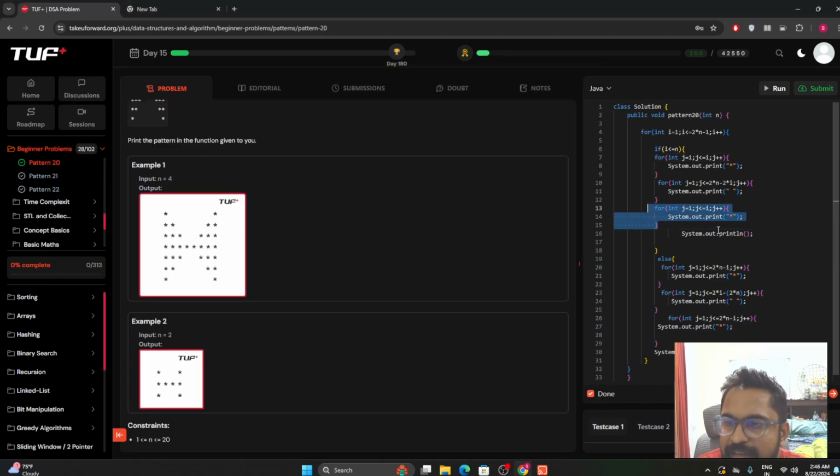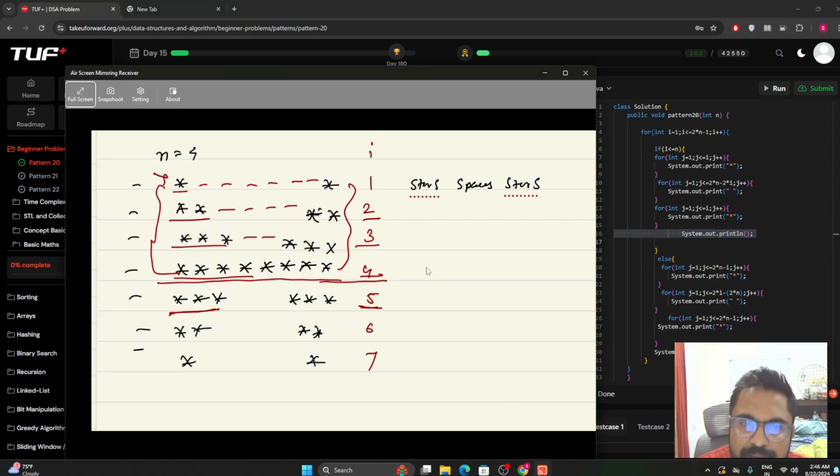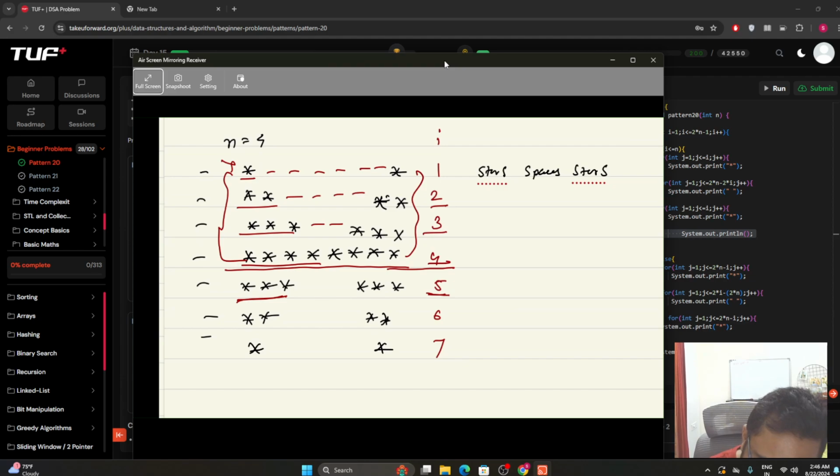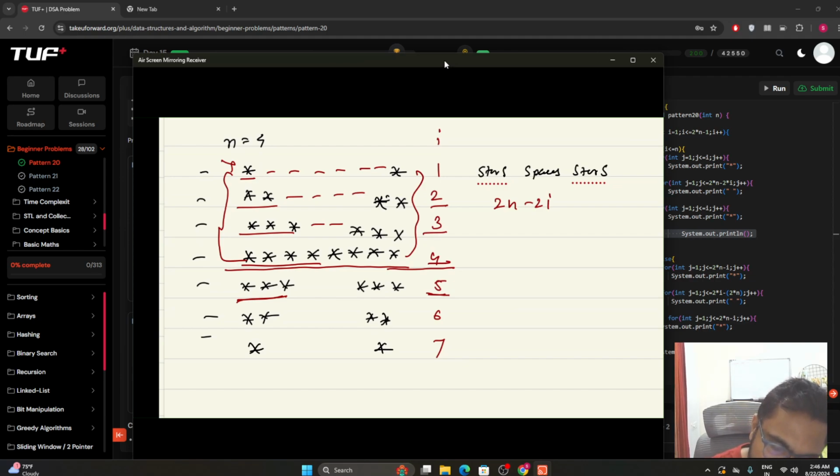These two loops we have written, and then the println. After that, talking about spaces, we have to come up with a formula, and the formula is 2n minus 2i. There are 6 spaces here, 4 spaces here, 2 spaces here, 0 spaces here. With 2n minus 2i, what happens? 2n is 8, 2 into 4, minus 2i is 2, here it is 6.